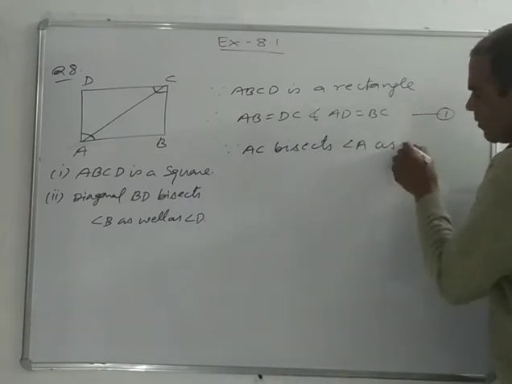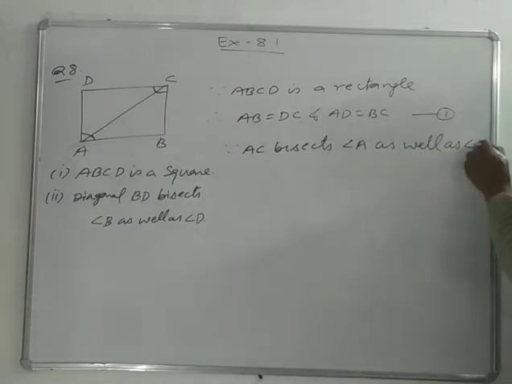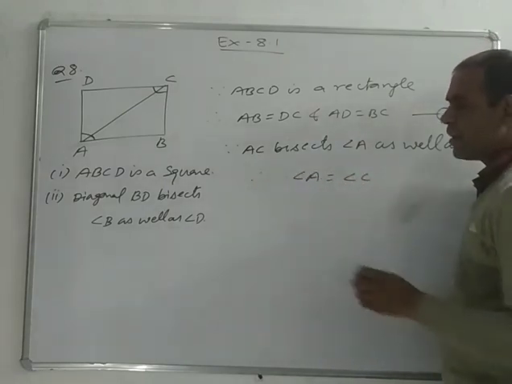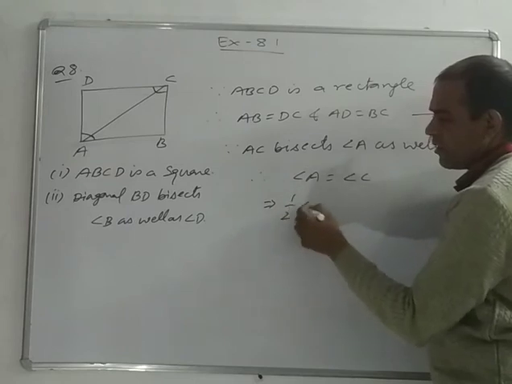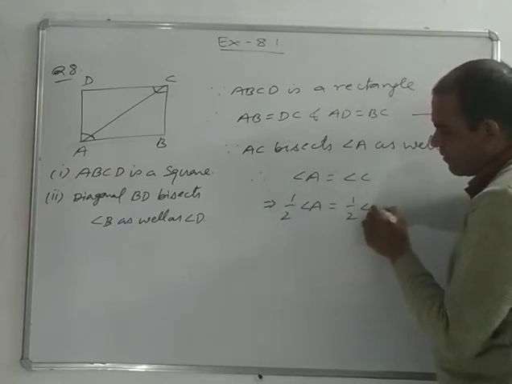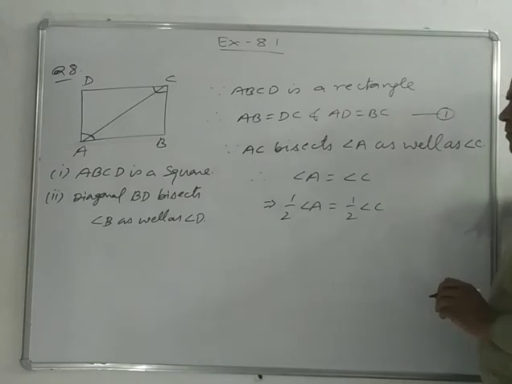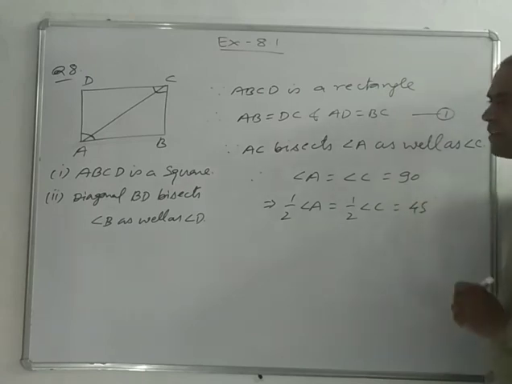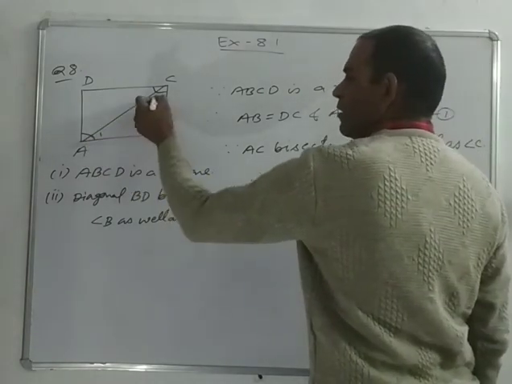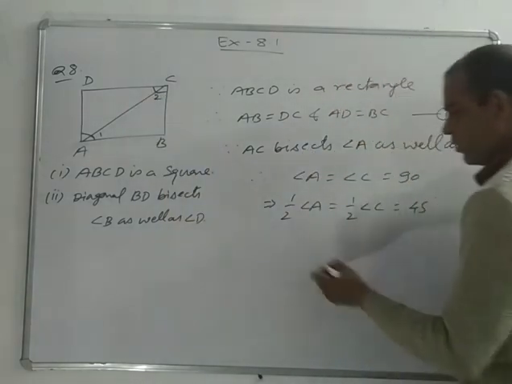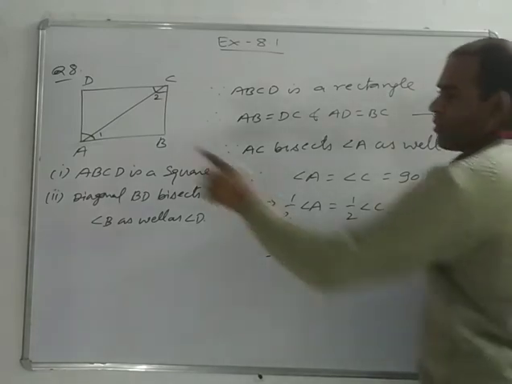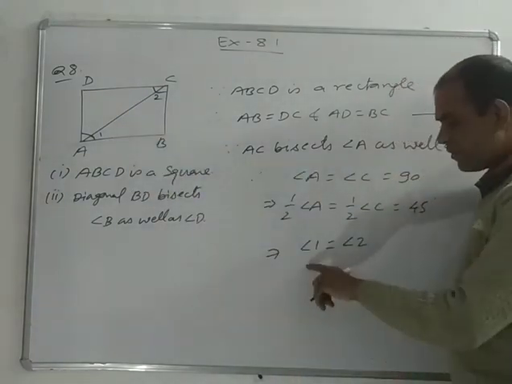Since AC bisects angle A as well as angle C, therefore angle A equal to C, and half of angle A equal to half of angle C. Both the angles are 90 degrees and half of the angle is 45 degrees. So angle 1 and 2 are equal.